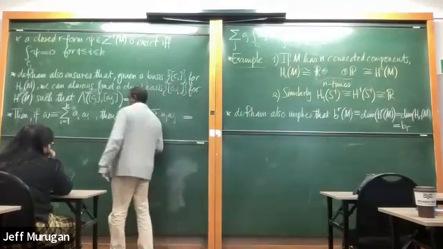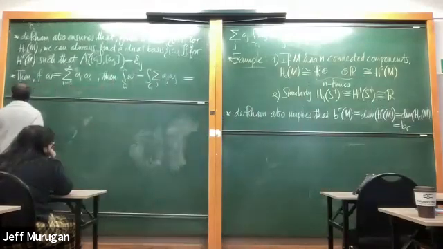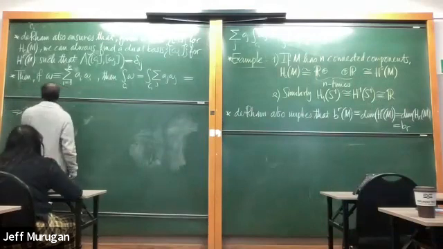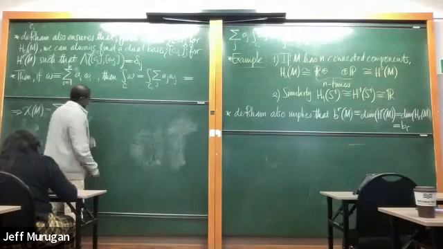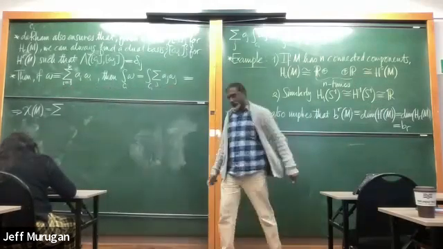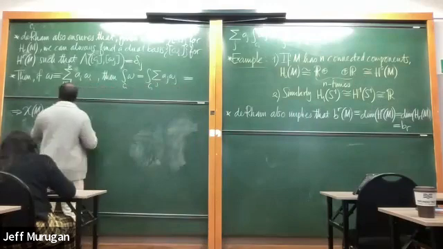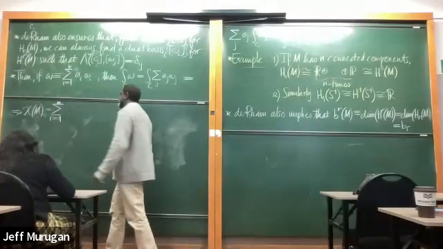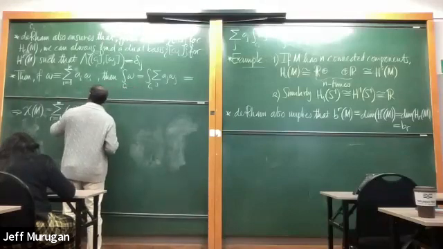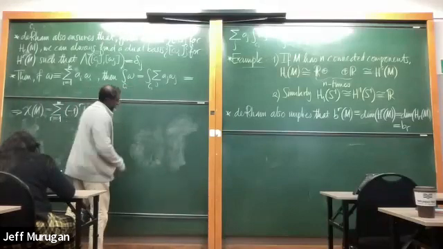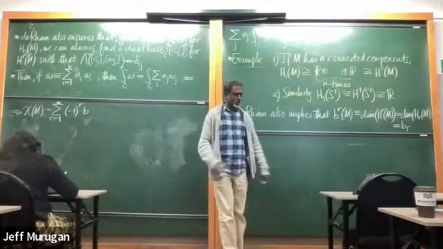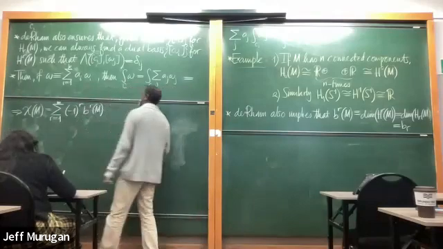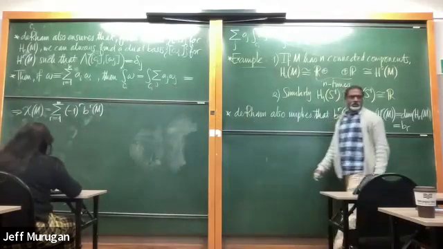Well, this gives us another way of writing the Euler characteristic. I can write the Euler characteristic as a sum from r equals 1 to the dimension of the manifold, alternating sum, minus 1 to the r of B_r of M. And again, I want to emphasize this fact.